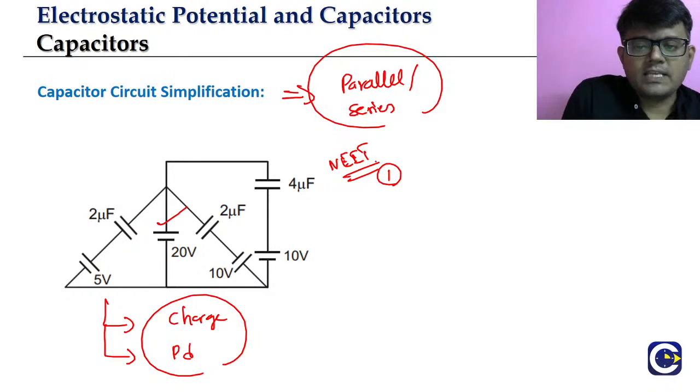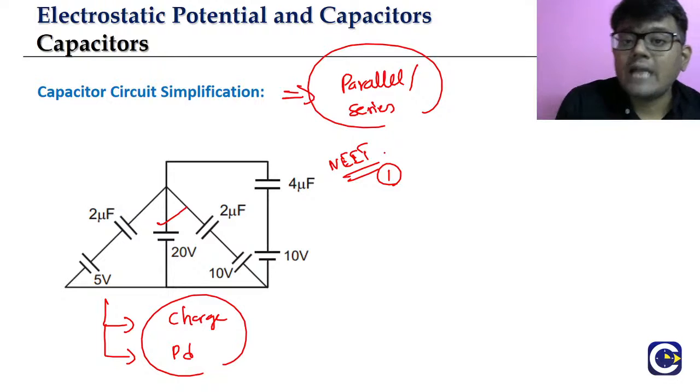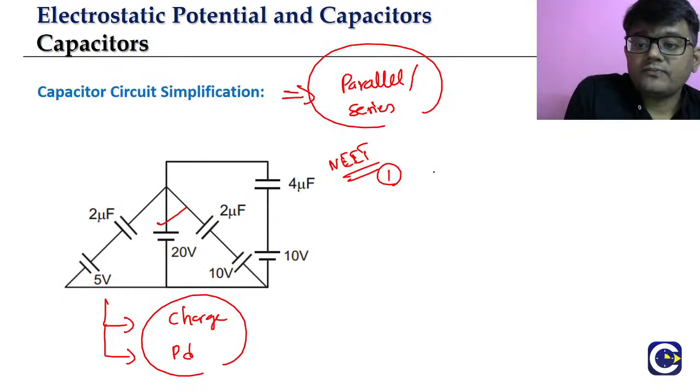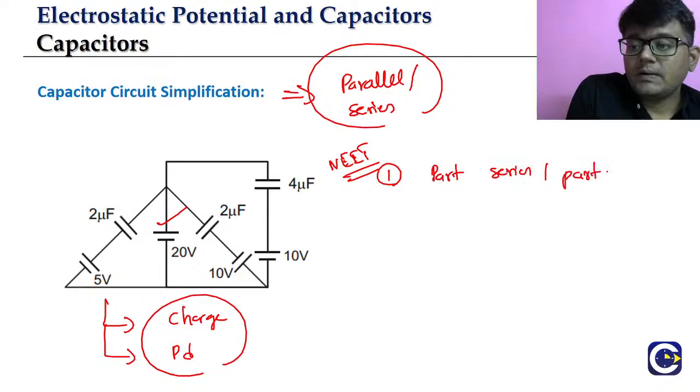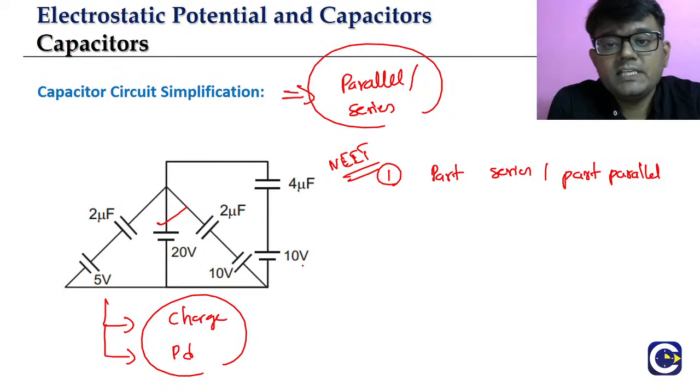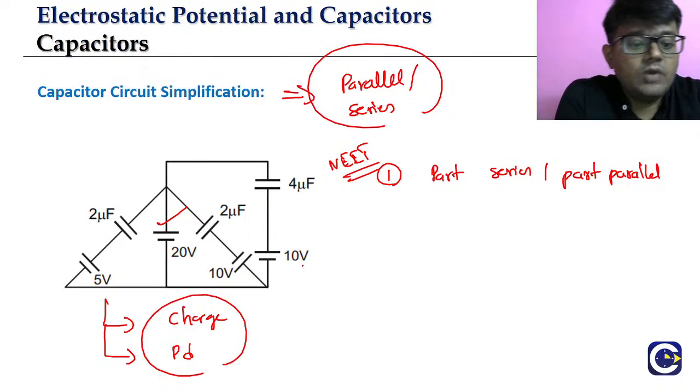You will not have all the capacitors in series or all in parallel, but part series, part parallel. You will have 2 of these capacitors in series, and 2 or 3 capacitors in parallel.